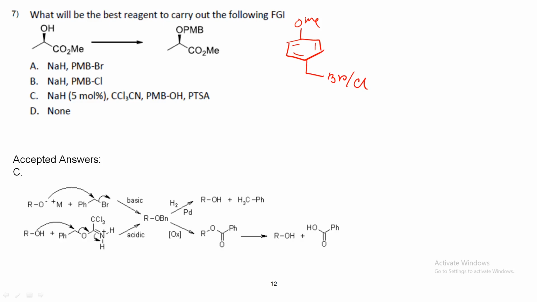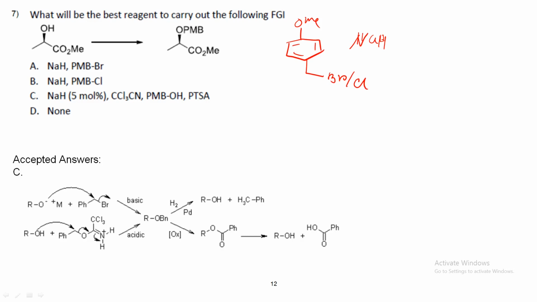Here you can see two protecting groups are there, and hydrogen, and as a base we are using sodium hydride. So they have asked me the base reagent to carry out this transformation.